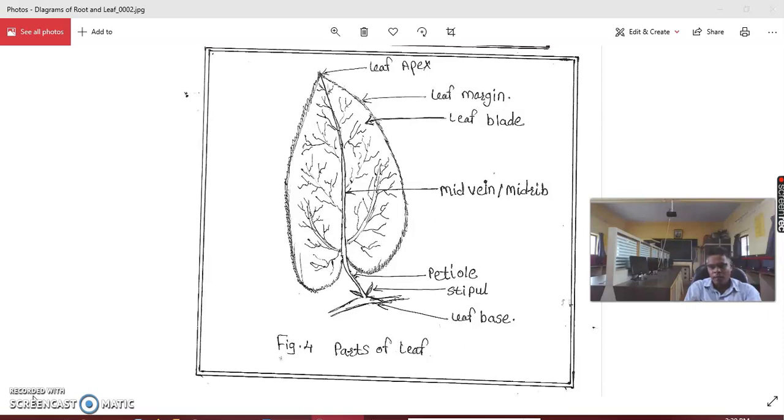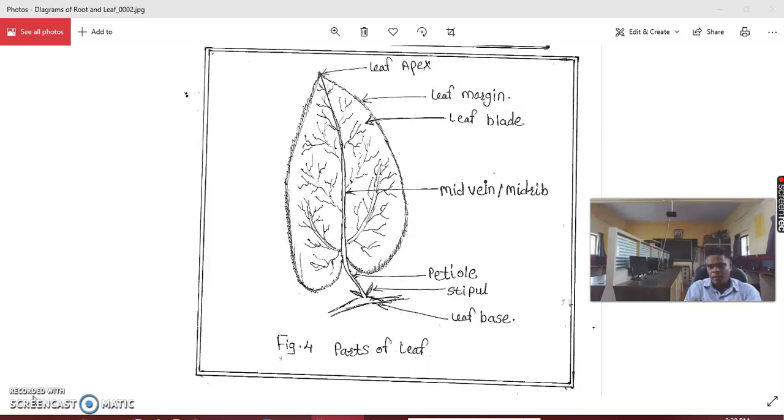For example, mango and cotton leaves are examples of simple leaf.